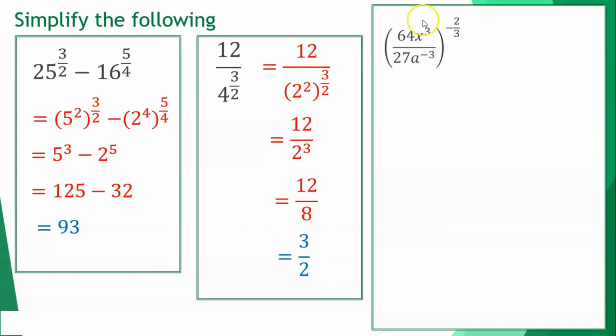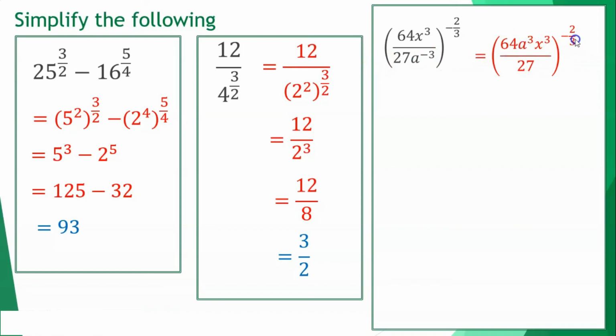Another. 64x cubed over 27a to the negative 3 to the power of negative 2 over 3. So with this one, a negative 3, we can bring it up to make it positive. So that would become 64a cubed x cubed over 27 to the power of negative 2 over 3. It's just the same.